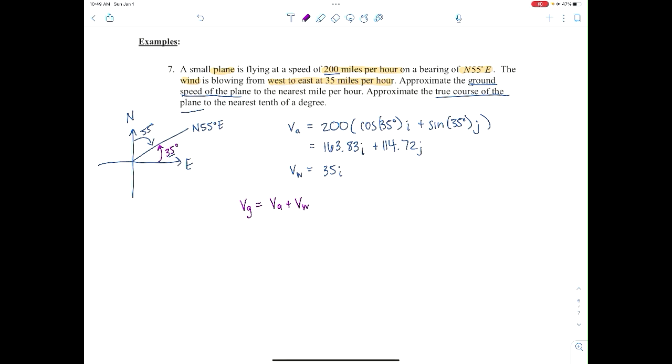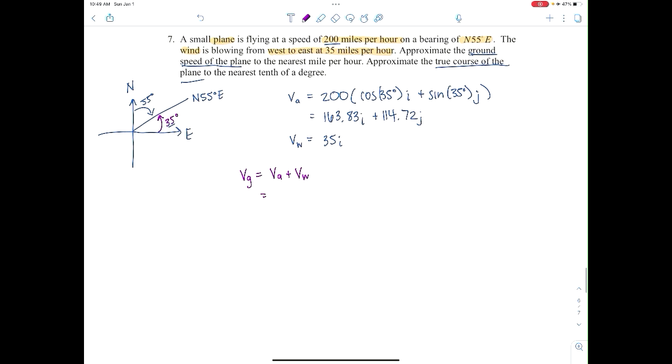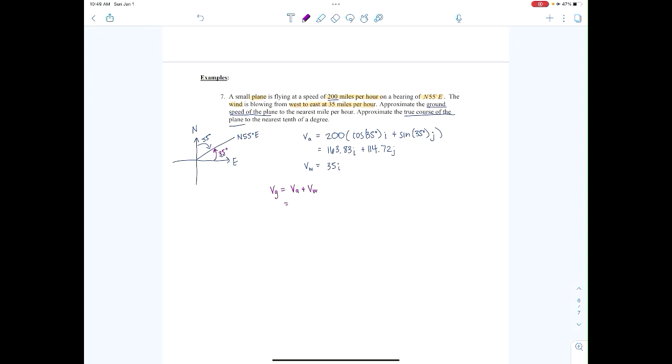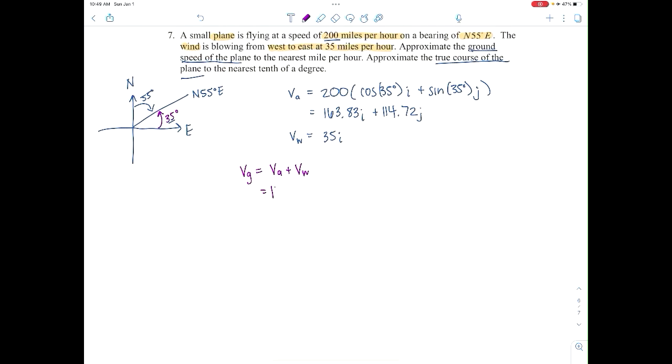So this gives us VA, the vector of our plane in the air, which was 163.83 i plus 114.72 j, and then we're adding the wind, which was 35 i.